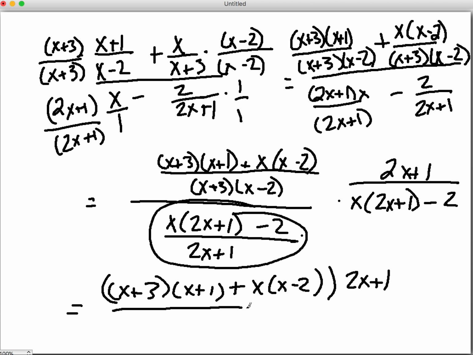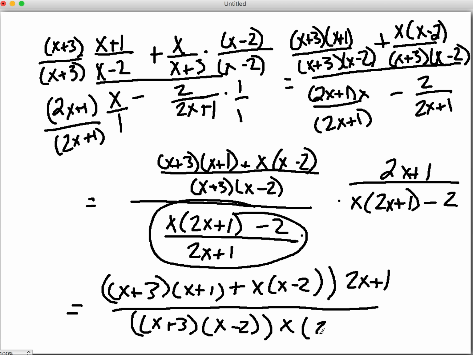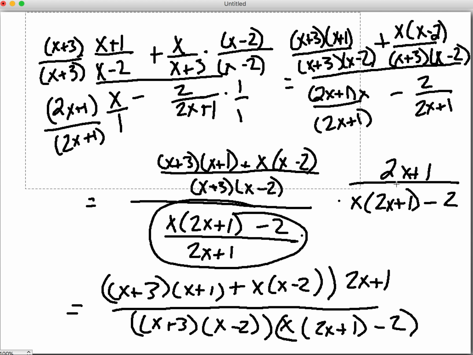Then I'm going to take that denominator, which is going to be x plus 3, x minus 2, and I'm going to multiply that whole thing by x times 2x plus 1 minus 2. So this is not a very pretty answer. And then from here, we're going to have to take it further and see what we can do with simplification.